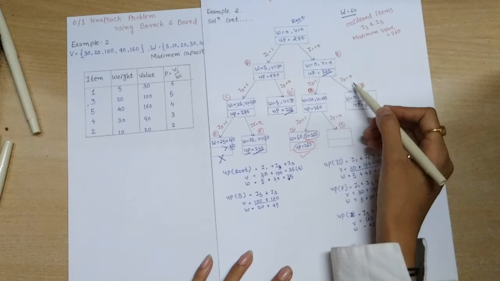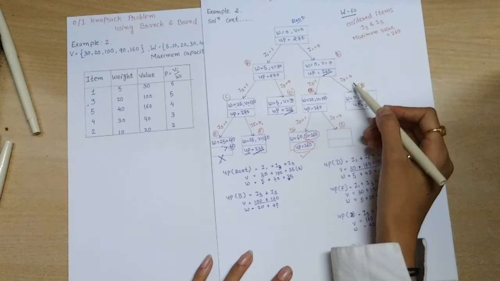If we consider item 3, then weight will be updated to 20 and value will be updated to 100, and upper bound will be same.